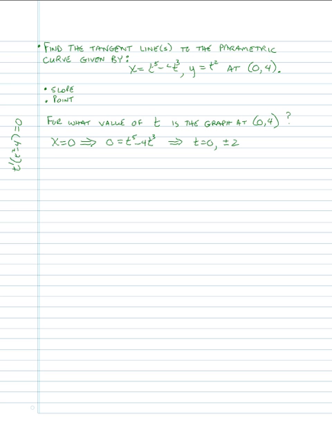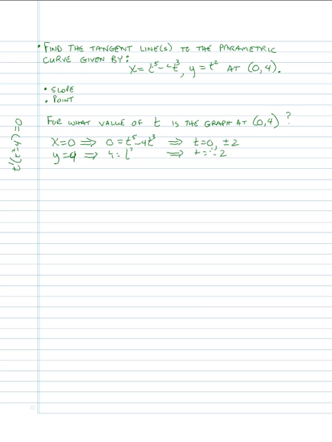Let's be a little bit careful, though. When y is 4, that implies that we have 4 is equal to t squared, because y is t squared. Well, that implies t can be either plus or minus 2.